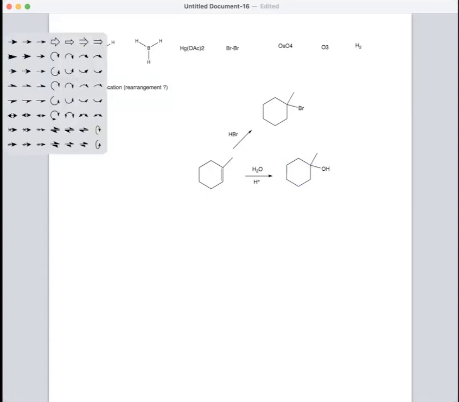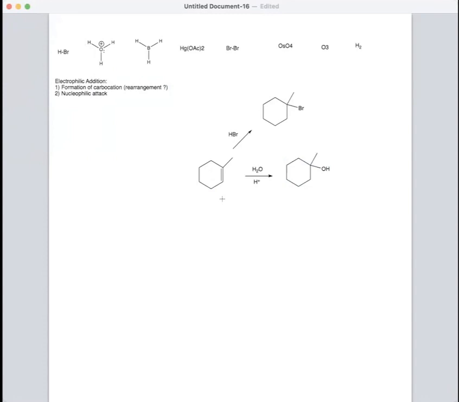So, hydroboration oxidation. I just explained why borane is a good electrophile. Boron is very, very electrophilic. So remember, it's a two-step reaction. Step 1, borane. Step 2, oxidation. In step 1 with borane, we are forming a trialkylborane.